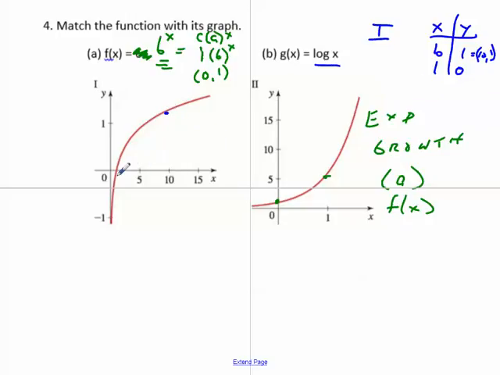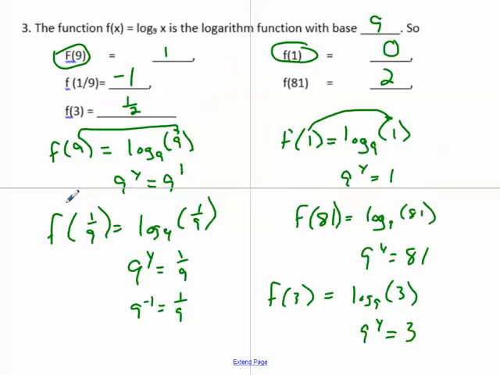And 1, 0 is also on the graph. 1 comma 0 is right there on the graph. So sure enough, that is a log function. So this one is log function, log base 10 of x. Let me rewrite that clearer. Log base 10 of x is right over here, which is g of x, which is logarithmic. And there's our summary of graphs and kind of a function.